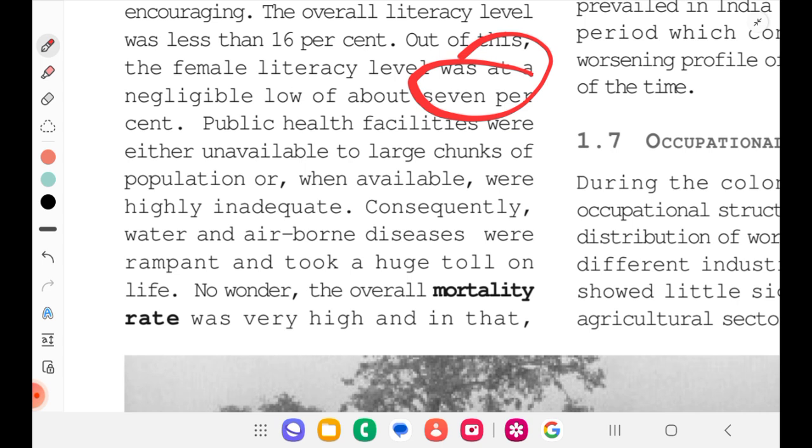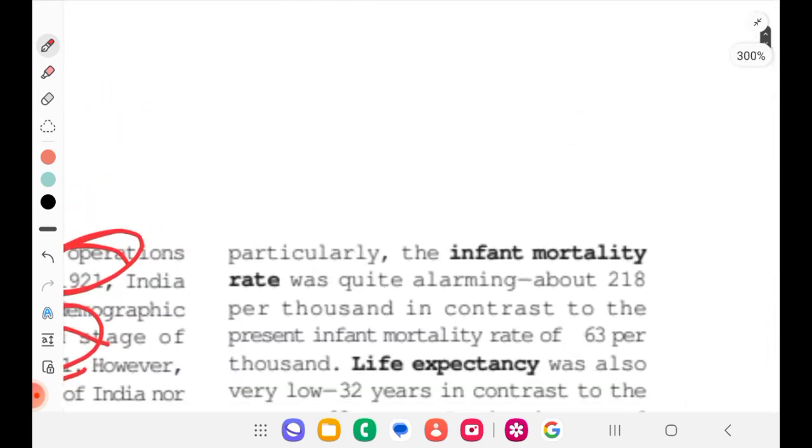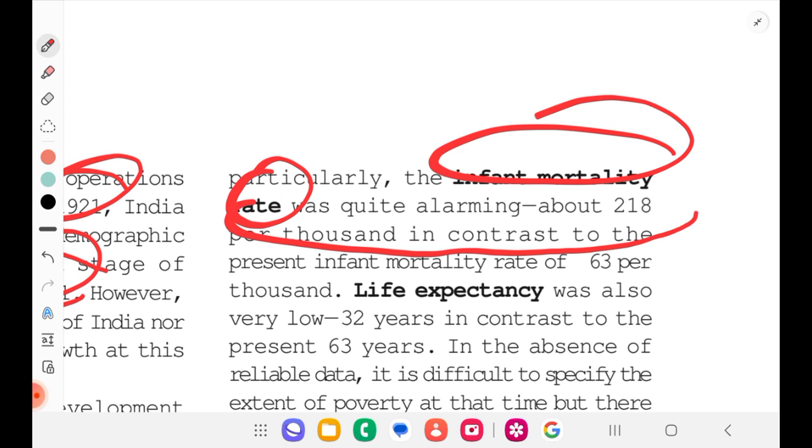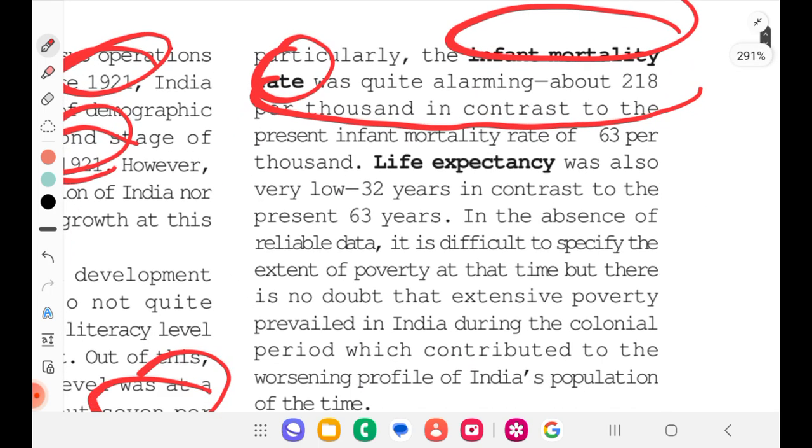No wonder the overall mortality rate was very high, and in particular the infant mortality rate was quite alarming, about 218 per thousand, in contrast to the present infant mortality rate of 63 per thousand. Life expectancy was also very low, 32 years in contrast to the present 63 years.